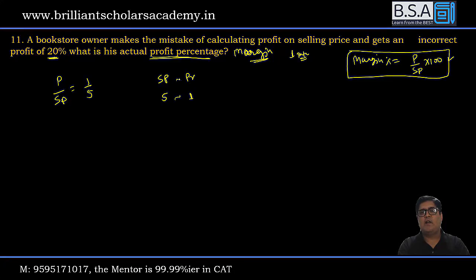So I can deduce from this the cost price must be 4 rupees. So when he tries to correct his mistake, he should calculate profit on cost price. What is profit? 1 rupee. On the cost price, 4. What is 1/4? It is 25%.